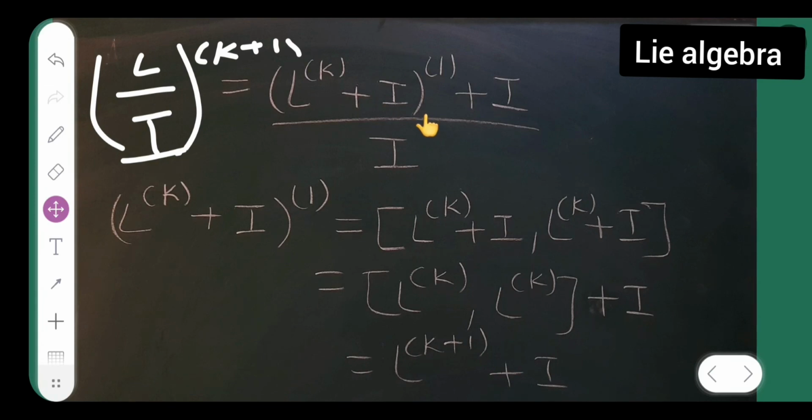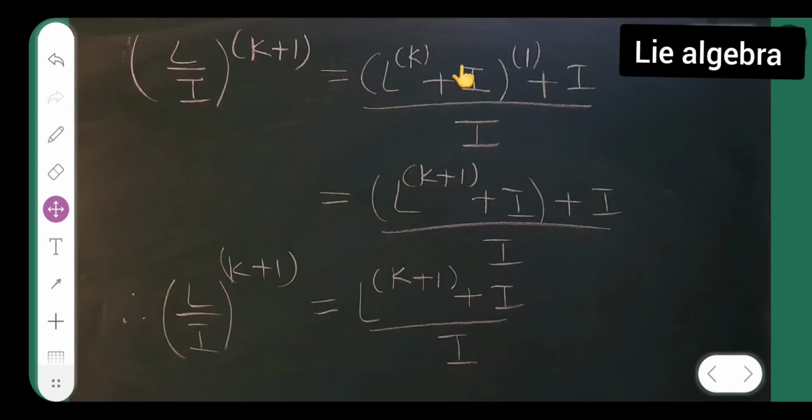Now (L^(k) + I)^(1) plus I upon I is nothing but this, and what I got is (L^(k+1) + I + I)/I. And finally, therefore (L/I)^(k+1) is equal to (L^(k+1) + I)/I.